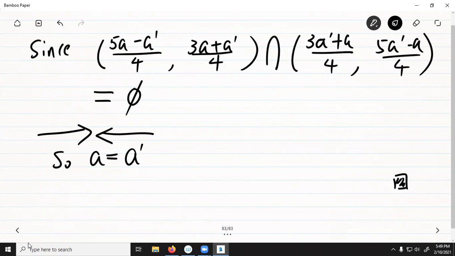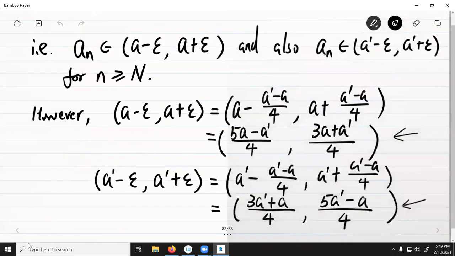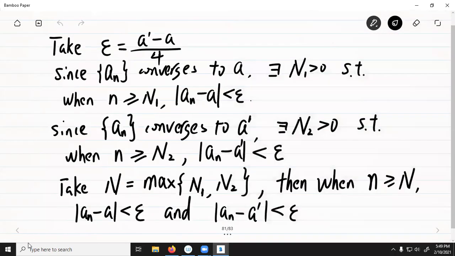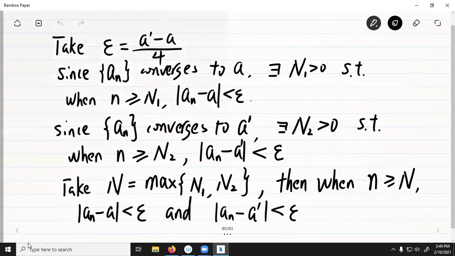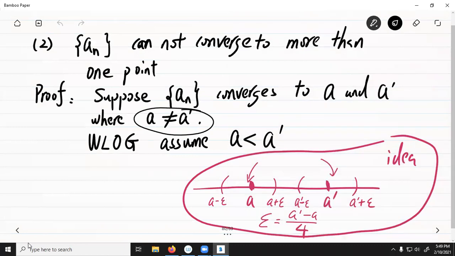Okay. This proof tells you a lot of things. The way we often prove things in this chapter: sometimes you can pick this epsilon, right? So the first thing you need to do is some analysis on your scratch paper. You can pick some special epsilon to make the thing work.